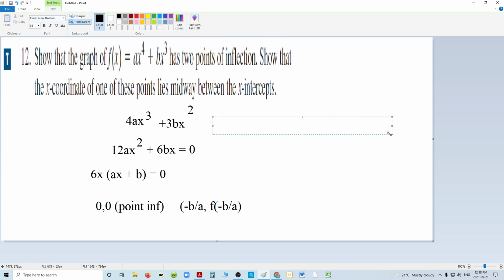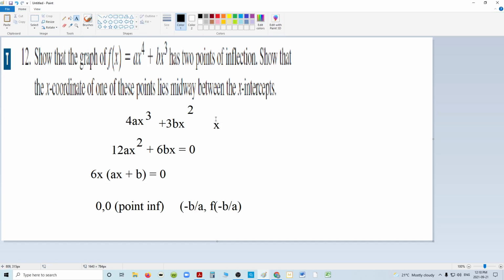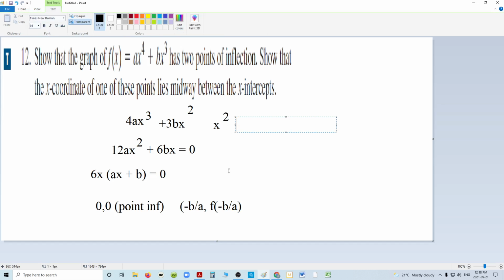I can factor out x squared. Right? And I'm left with 4x plus 3b, which means the one x-intercept will be 0, 0. And the other x-intercept will be at minus 3b over, no, over 4. There we go.